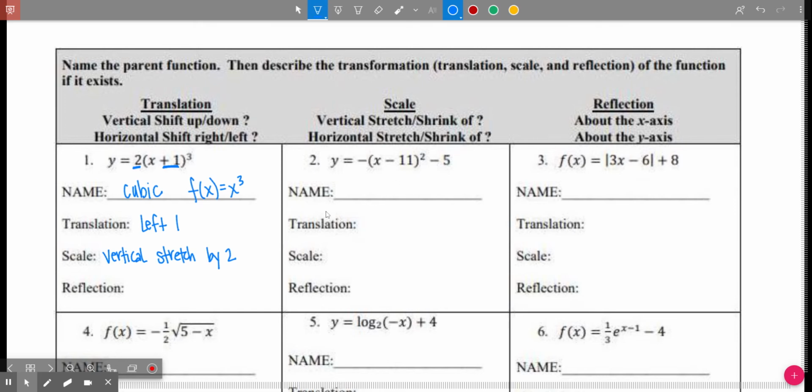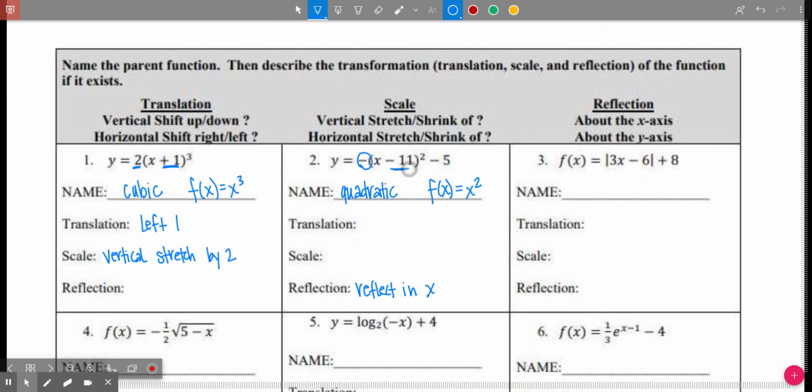The next one is a quadratic function. Its parent function is f of x is equal to x squared. And based on the equation, we have a reflection in the x-axis because of the negative on the outside.